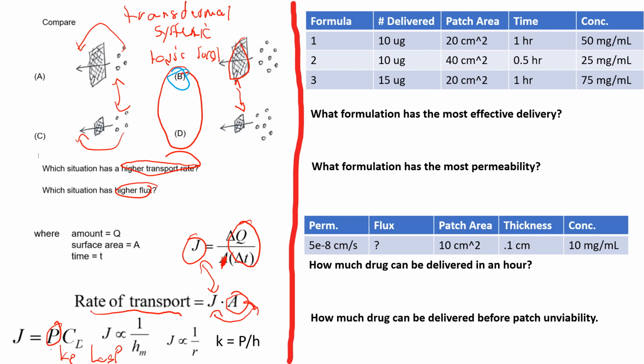I don't remember, because I record these slides out of order, if we already talked about the epidermis having a different permeability, specifically the stratum corneum, than the rest of the epidermis and the dermis. This can kind of be where that comes into play. But there's no point getting into that for this class. That's just too much detail. So yeah, just think of it as Kp or log P.